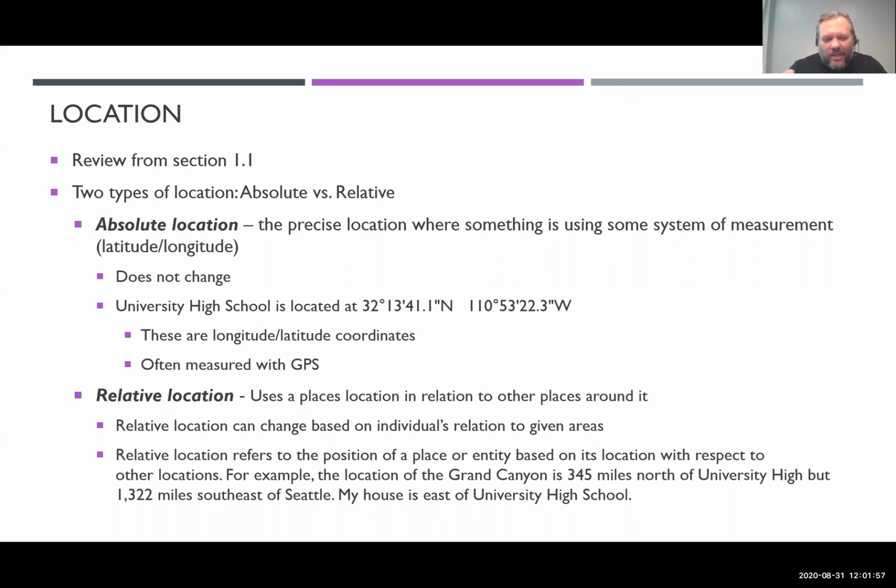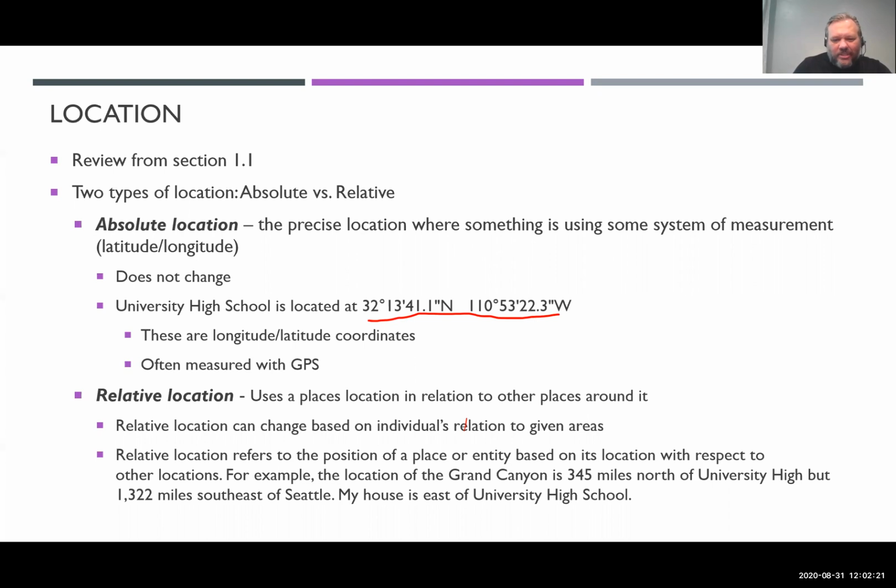It doesn't matter what's around. It is the coordinates of where you're at. If we're using longitude and latitude coordinates, that's mostly how we would measure absolute location today, and GPS would do it.